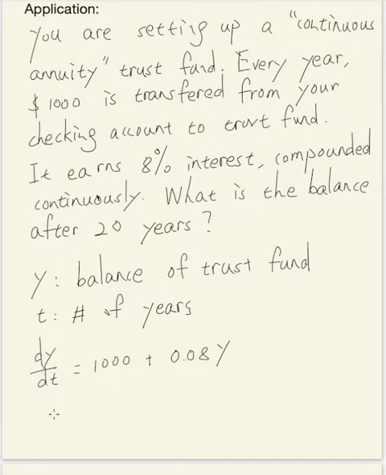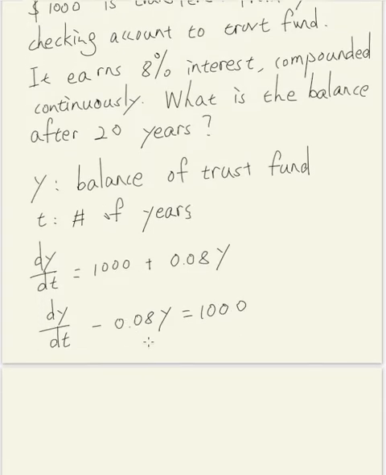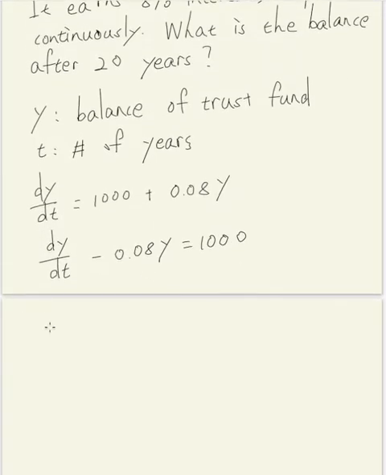We use the same method to solve it. So first, let's put everything on one side. We get dy/dt minus 0.08y equals 1000. Let's write out our P and Q. P of t is minus 0.08 and Q of t is 1000.